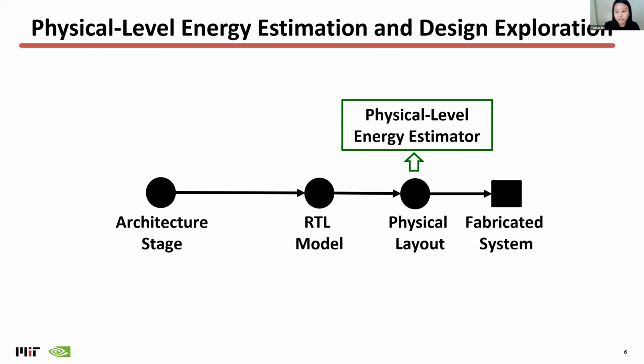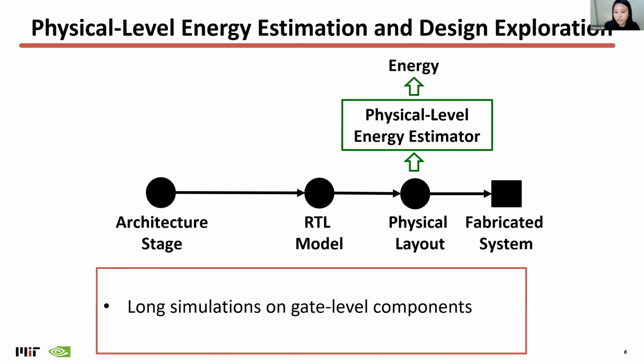Traditionally, hardware designers have been focusing on evaluating energy efficiency at the physical layout level using physical level energy estimators. These estimators take in the physical layout, perform simulations on the gate level components in the layout, and generate an energy estimation. As we all know, since there are thousands of gate level components in the physical layout, performing such simulations usually takes a long time.